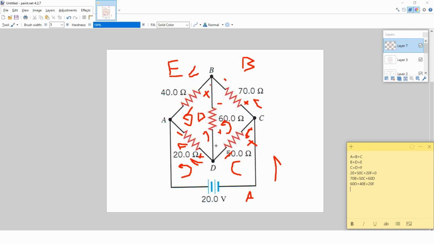And as always, reform everything so it makes sense. Minus B minus C is equal to 0. D plus D minus E is equal to 0. C minus D plus F is equal to 0.